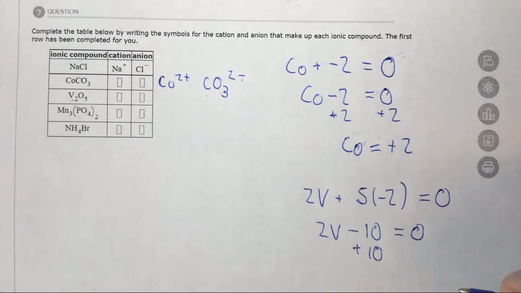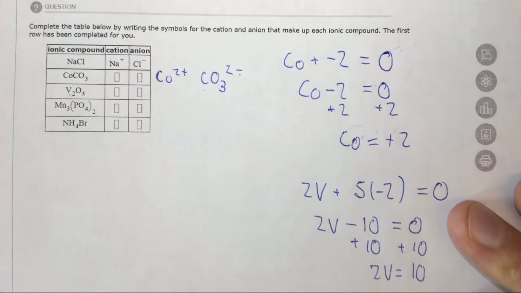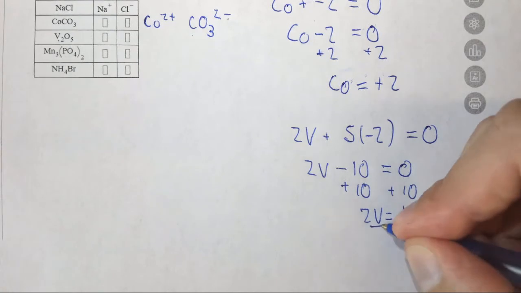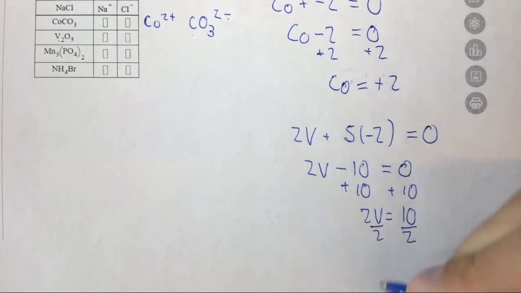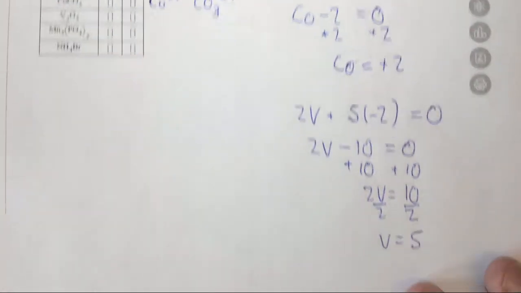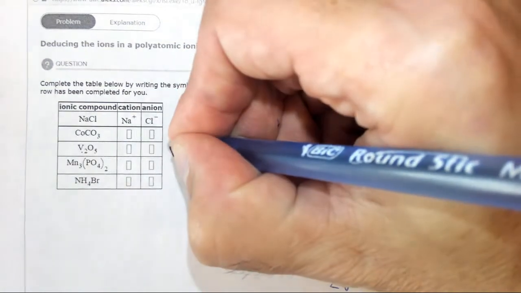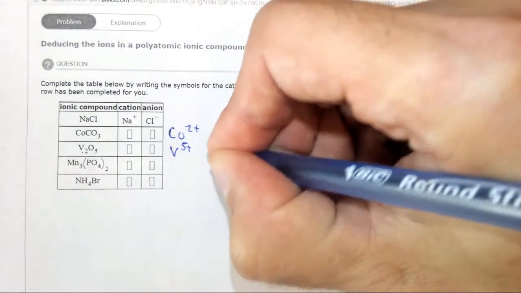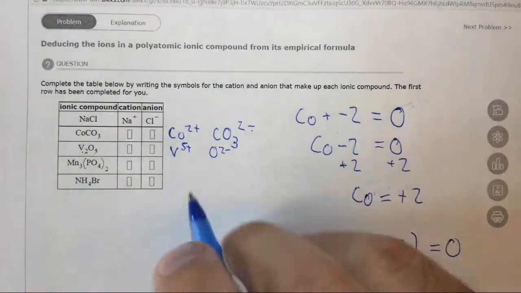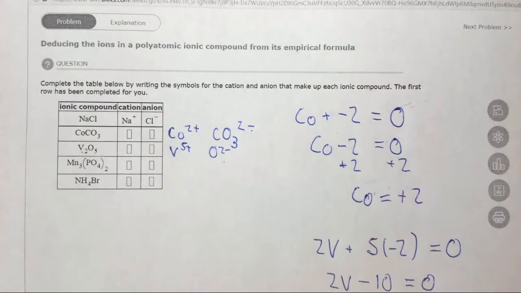Add 10 to both sides. 2V equals 10. Divide by 2, divide by 2. V equals 5. So vanadium is +5. This is V 5+ and O 2- for the cation and the anion.